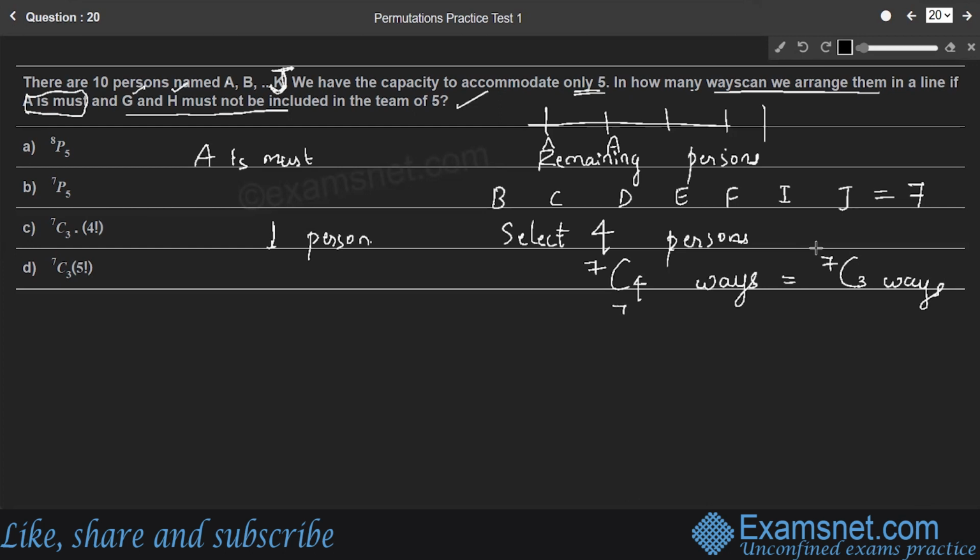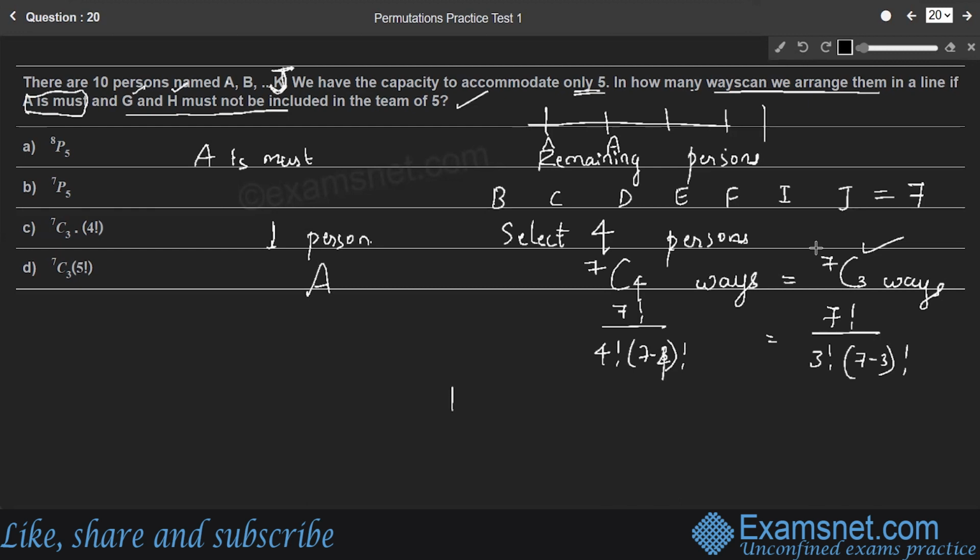If you apply the formula, it is factorial 7 divided by 4 factorial into 7 minus 4 factorial, which is 3 factorial, equal to factorial 7 divided by 3 factorial into 7 minus 3 factorial, which is 4 factorial. Both are the same. Therefore, 4 persons can be selected out of 7 persons in 7C4 ways or 7C3 ways, and 1 person A is a must.